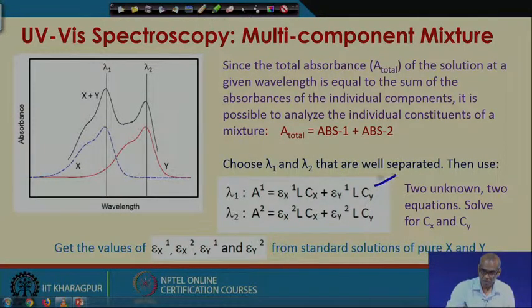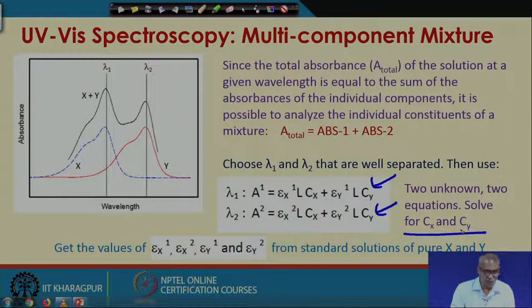Now, look at these equations. You have two equations and two unknowns, Cx and Cy. So, you can solve these two equations to find out the concentrations Cx and Cy. Of course, we need to know the molar absorptivity at lambda 1 for x and y, and the molar absorptivity for x and y at lambda 2.